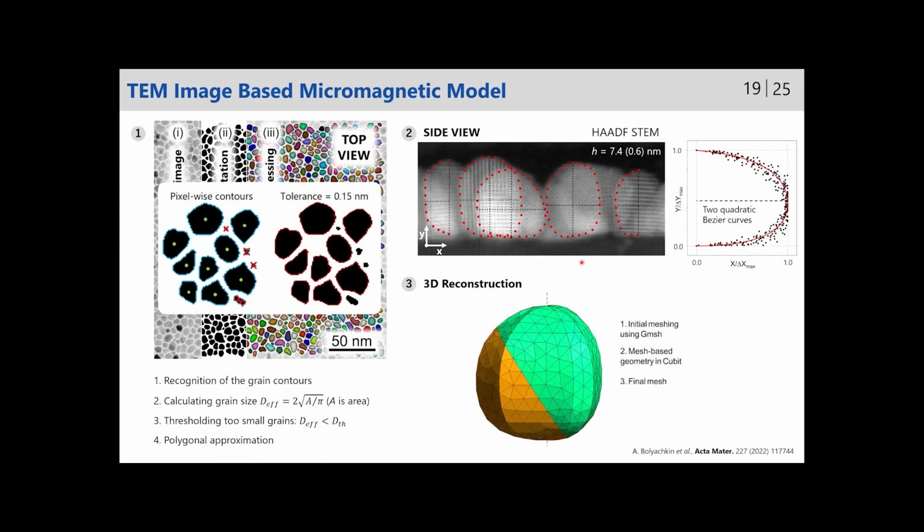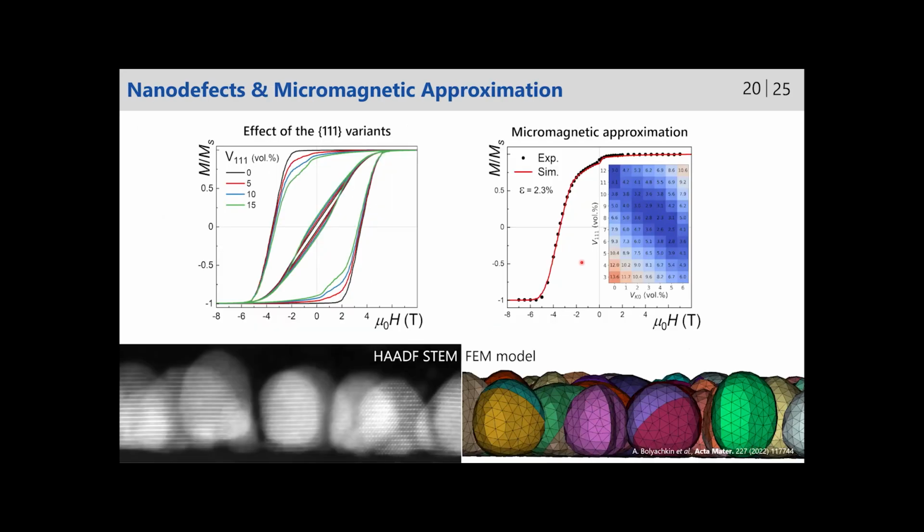And then we perform some regularization of the geometry, and finally mesh it. That's what was done for this media, and if you visually compare what we observe in cross-section for the media and what we have in the model, the model is very similar to the real microstructure. Also in the model, we can implement some defects.